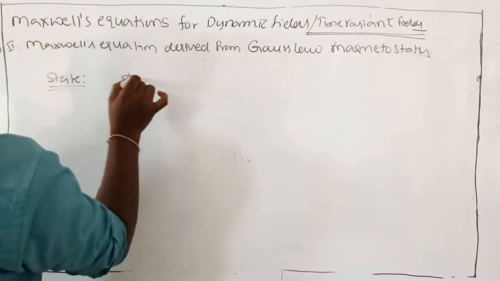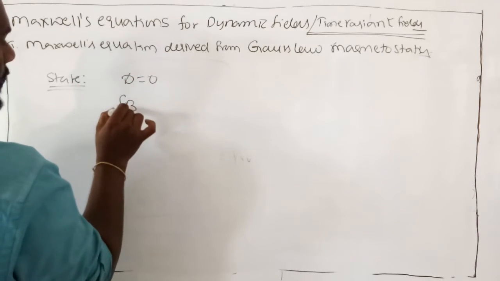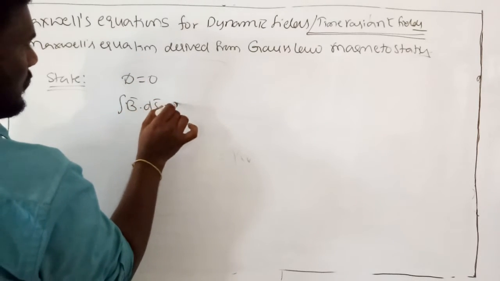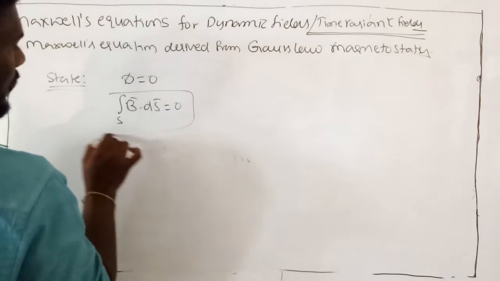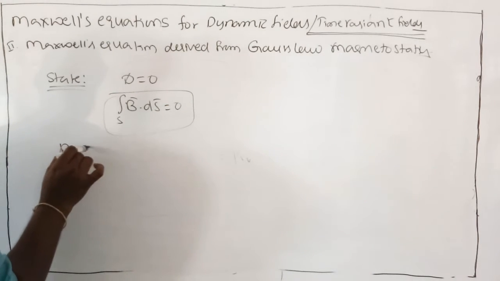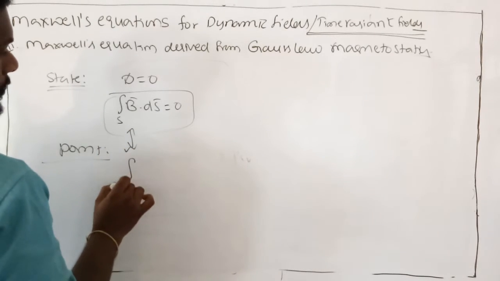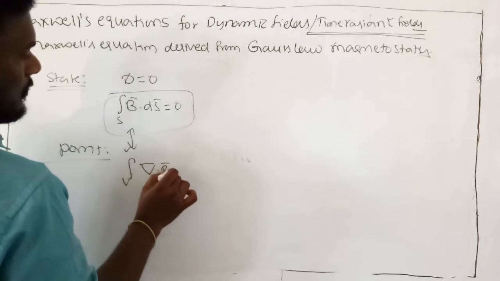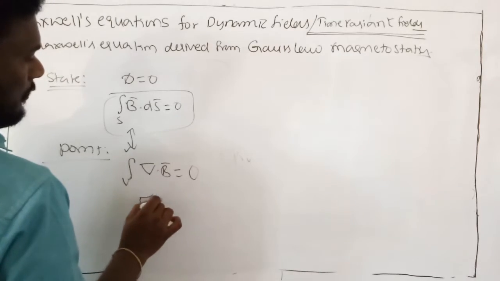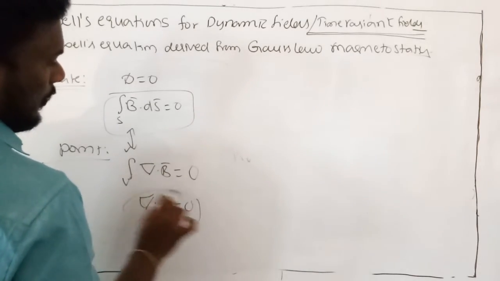So phi is equal to 0. What is phi? It is the surface integration of B bar dot ds bar equal to 0. This is the integral form. Next, what about the point form? Apply the divergence theorem, so the surface is converted into volume. So del dot B bar is equal to 0. This is the point form.